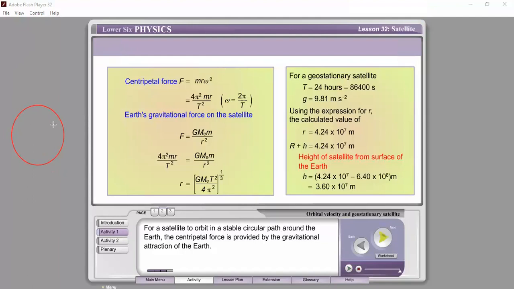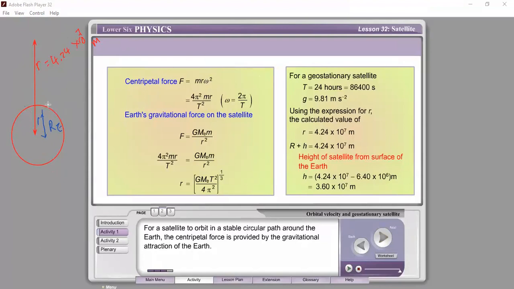Okay, so from the calculation, let's say this is the R. R from the calculation is equal to 4.24 times 10 to the power 7 meters, where we need to deduct the R_E. This will be the R_E, and the height of the satellite is from the surface of the Earth.